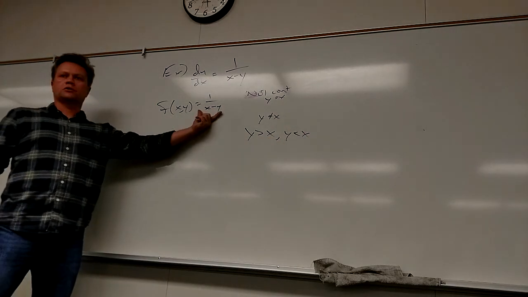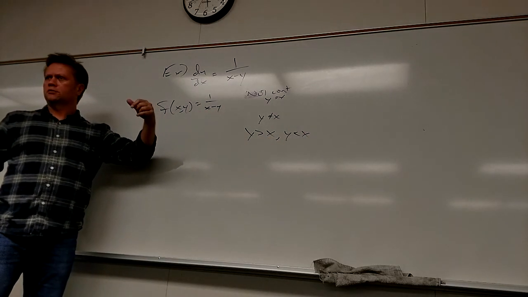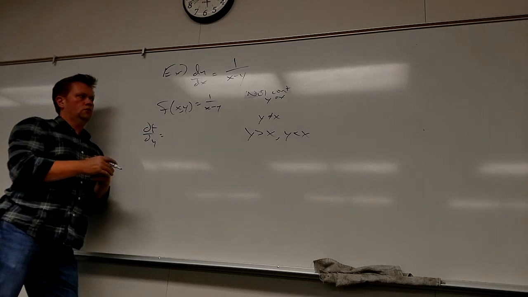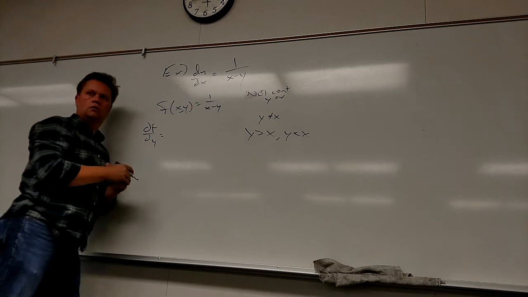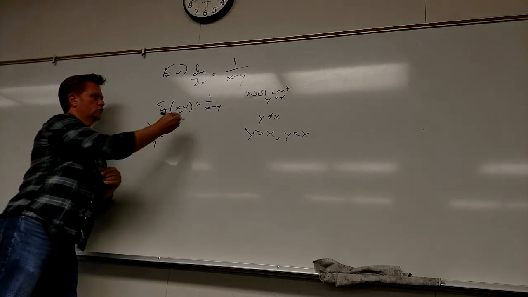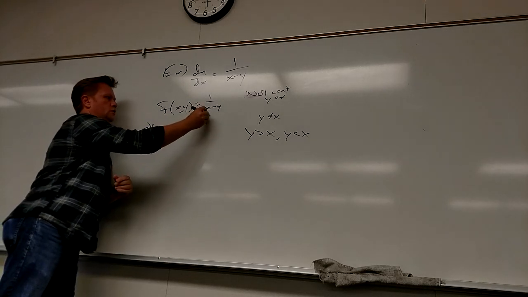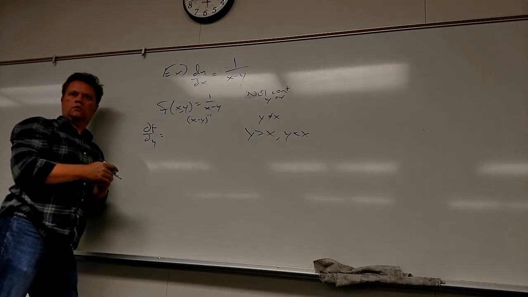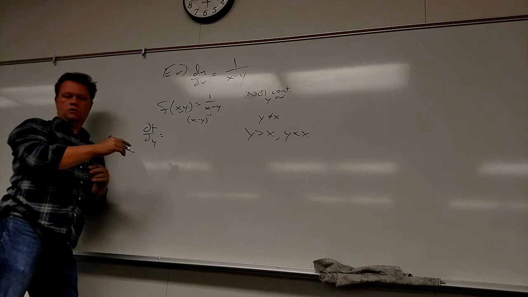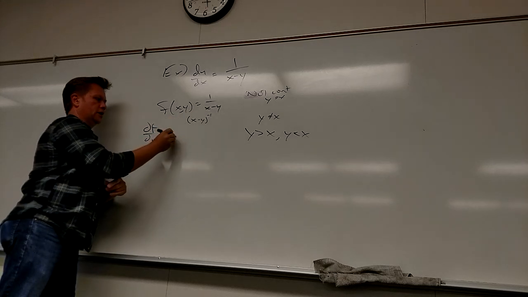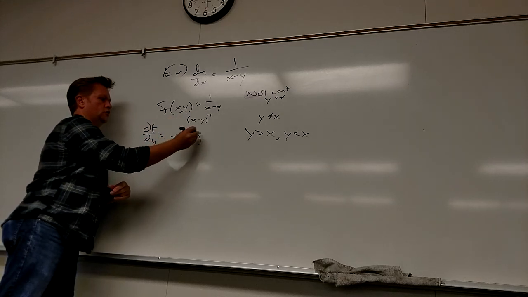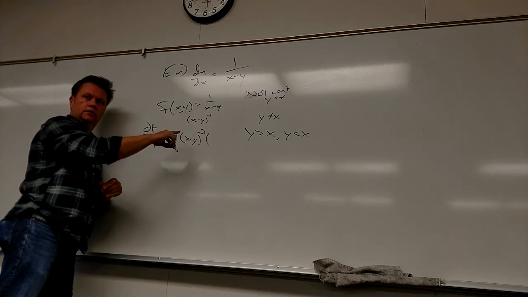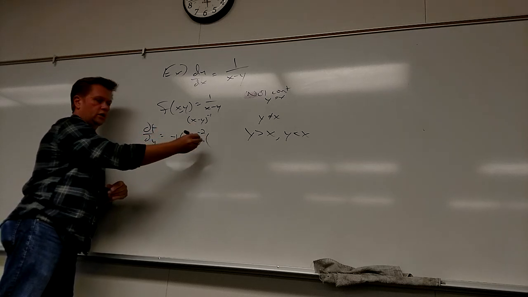And then you can do the partial with respect to y. If you write it like this, it's 1 over x minus y, which makes negative 1 times (x minus y) to the negative 2 times the derivative of the inside with respect to y, which is negative 1.